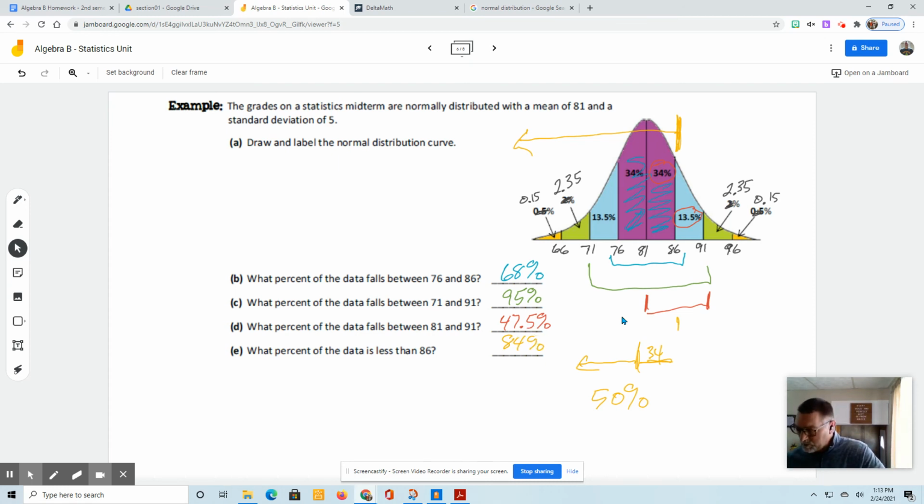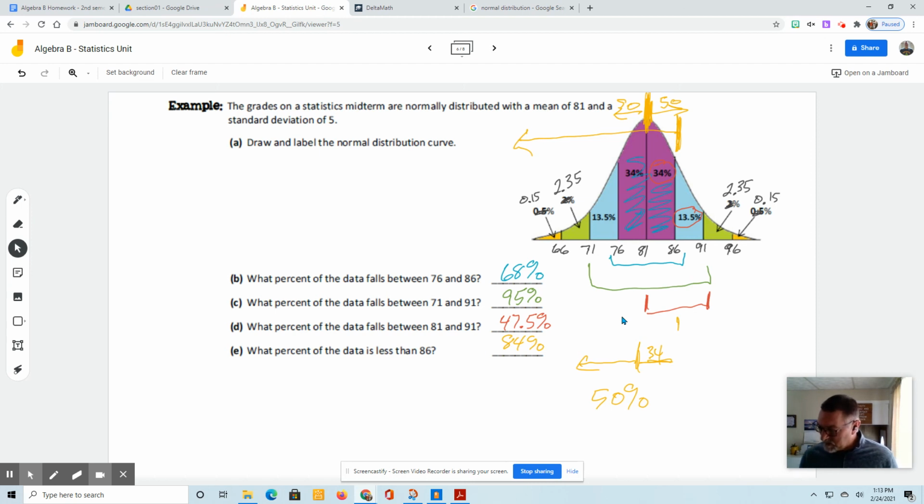So the big thing to remember is that with the bell curve, we cut it in half here at the mean. So 50% is below the mean and 50% of the data is above the mean. And then we break it up into the other numbers.